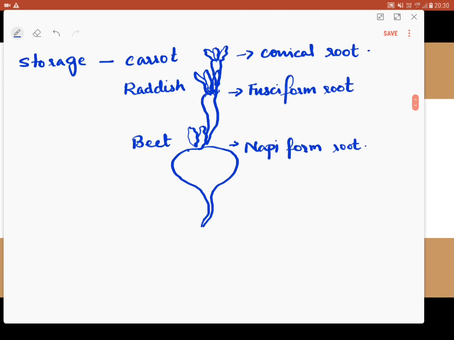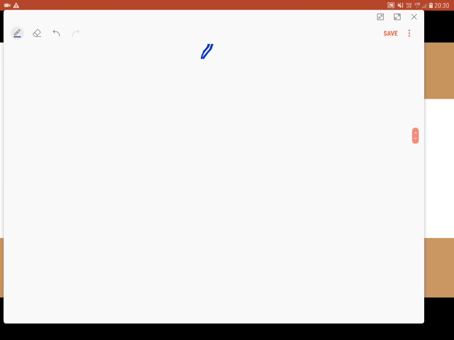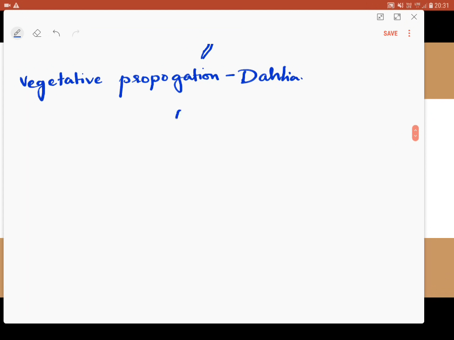In certain cases, roots propagate vegetatively. So, the next modified function is vegetative propagation. I am sure you all have heard and seen the plant dahlia, which gives big flowers. Their roots come in clusters like this in tubers.